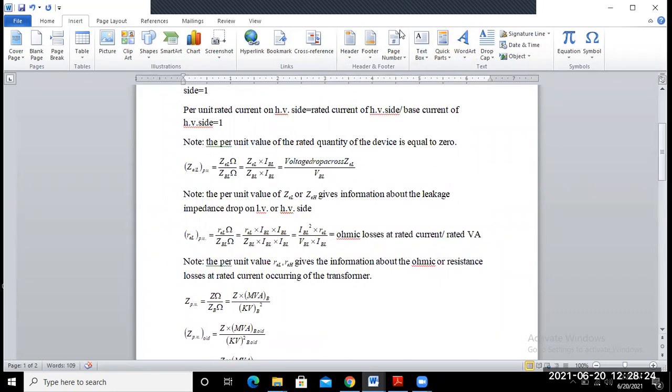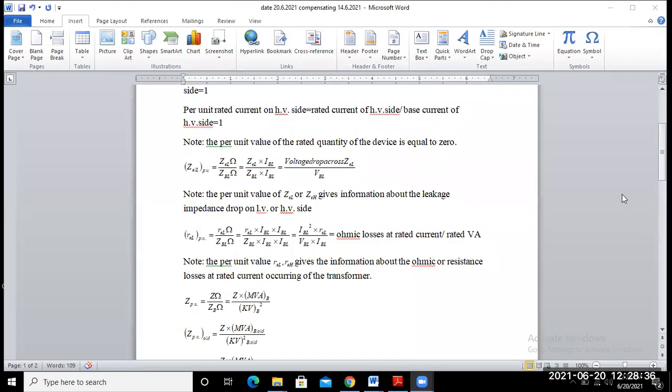So this is all about the per unit system of the single phase transformer.